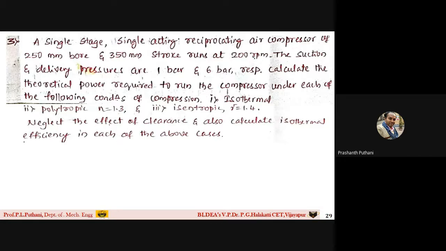Now students, if you observe carefully in this question, he has not mentioned anywhere regarding clearance volume. Also he has said that we need to neglect the clearance volume, which means this compressor is a compressor without clearance volume. So if you draw the PV diagram, it is looking like this. This is the PV diagram for a compressor without clearance volume.